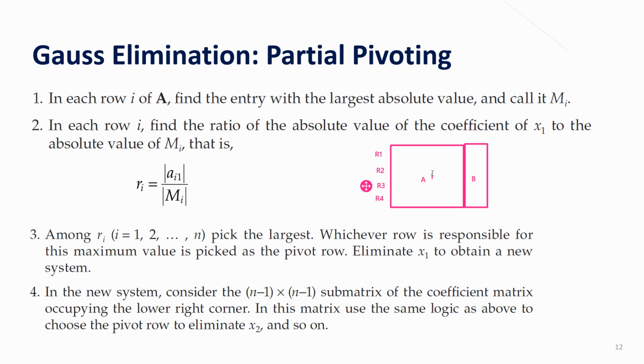Okay, you need to find the entry of the largest value. We call it M. So A has several entries, A11 here, maybe A12, A13 until A14, so like that. You find the largest value of that, you call it Mi.